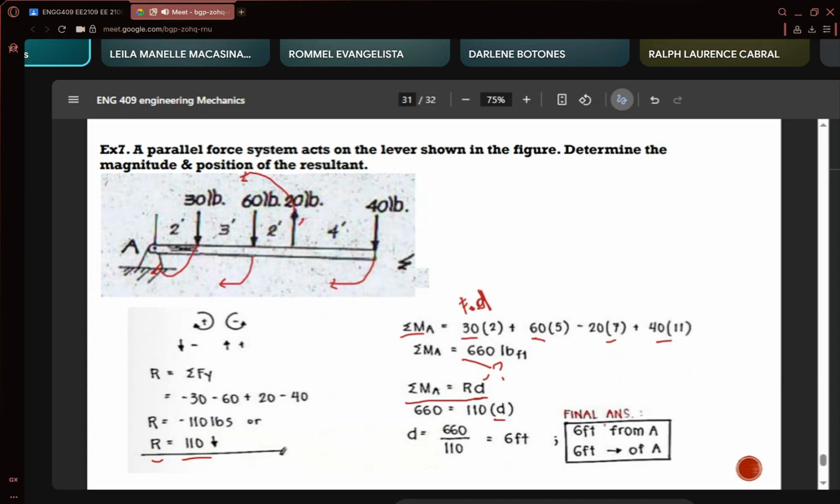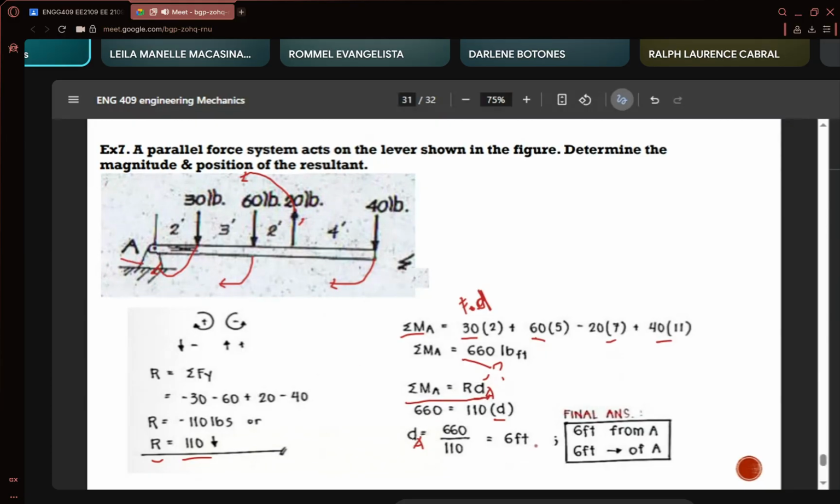All right. If you want to write this, that's fine with me. If not, just make sure to label it here, because you know that it's going to be referenced at point A anyway.